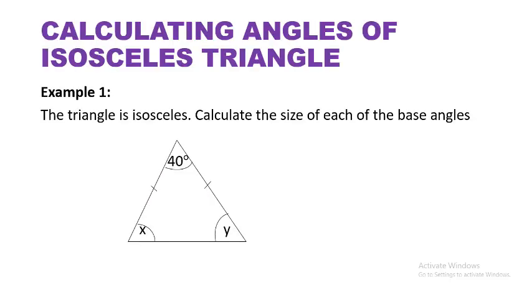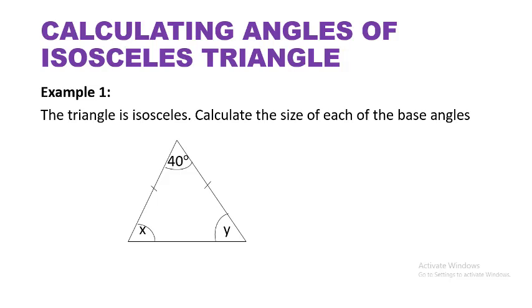Now, how can we calculate angles of isosceles triangle? That is the question we need to answer. Now, for us to calculate angles of the isosceles triangle, let us look at this example. So the question says the triangle is isosceles. Calculate the size of each of the base angles.